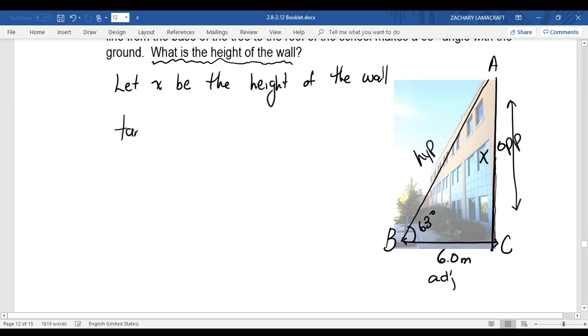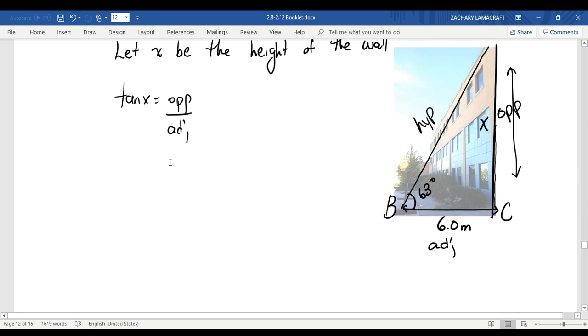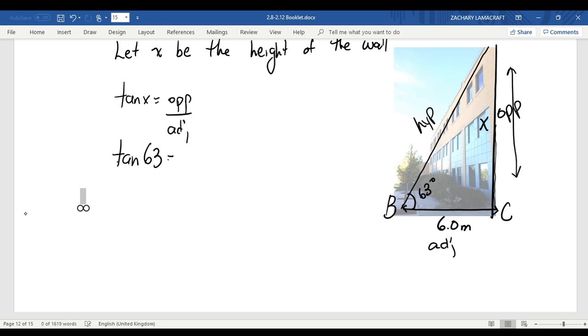Now, if I write out tan x is equal to opposite over adjacent, we can begin to fill in our knowns. So in this case, what would our equation look like? Tan 63 is equal to x over 6.